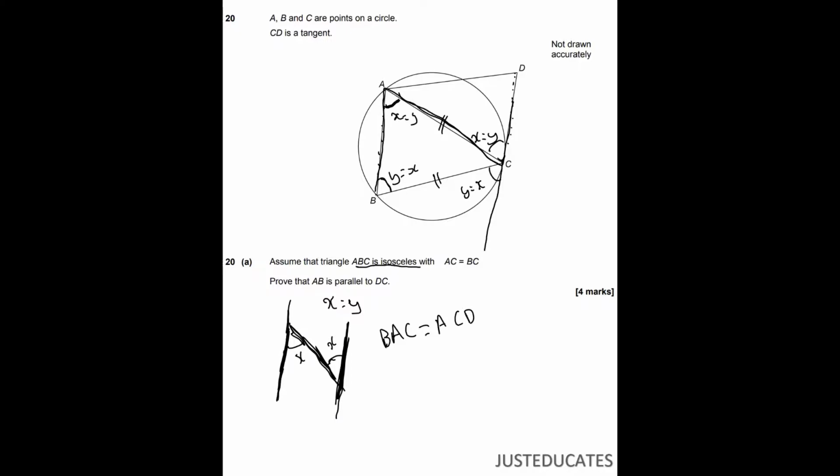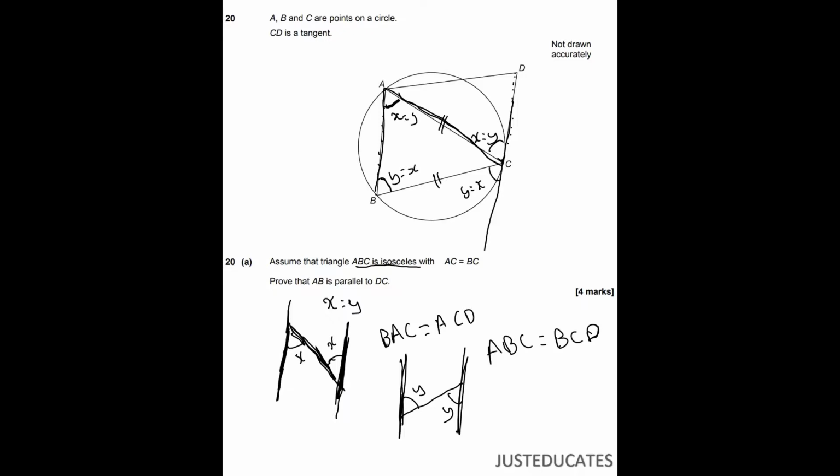So that's one way of doing it. The other way is looking at the other side. So if we look at ABC, let's draw this line again. Let's draw that one there, and then we've got that. So we're going to say that equals that. So what we're saying is ABC equals BCD.